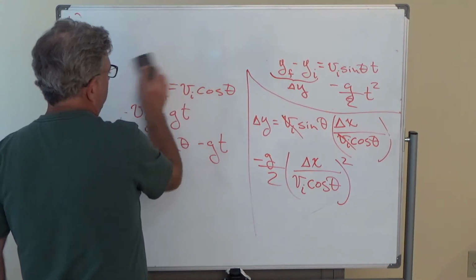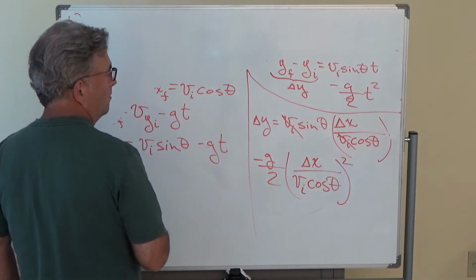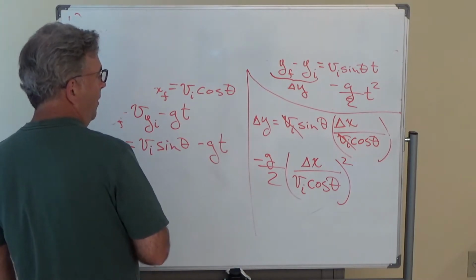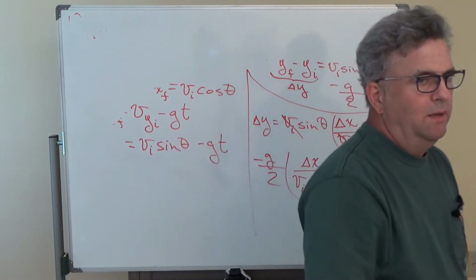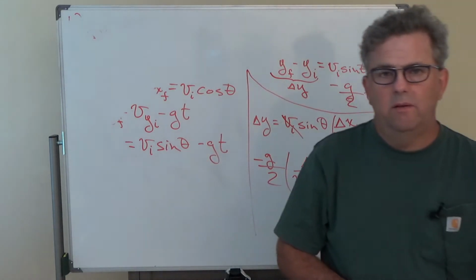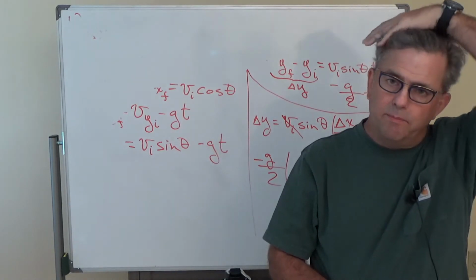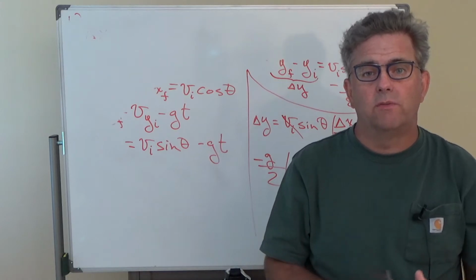On the part to the right, are you just subbing in, so you just rearrange the initial velocity equations to get rid of time? Yes. I had to. There was no way from either one of these equations that you could solve for the time, because you don't know the initial velocity.